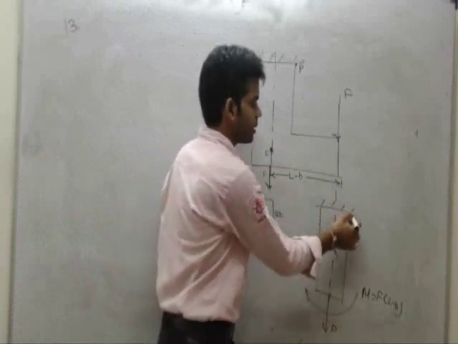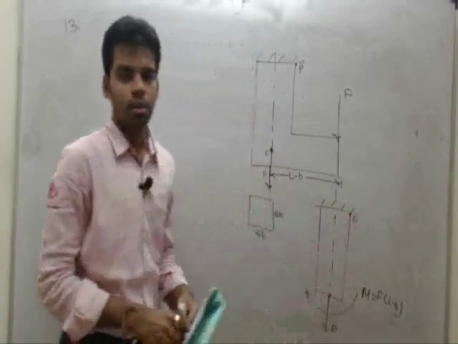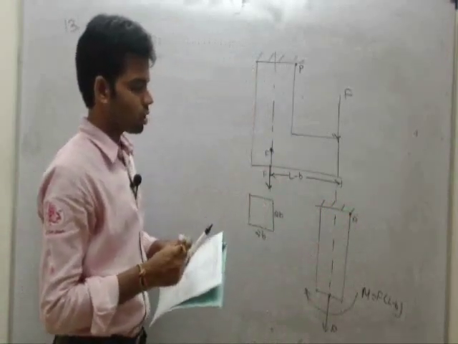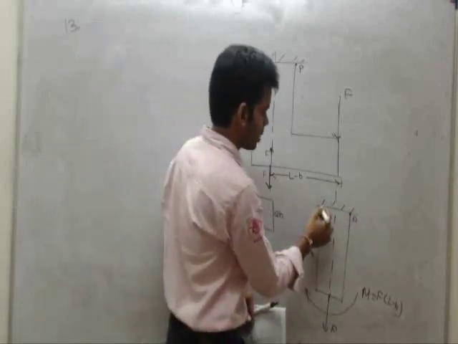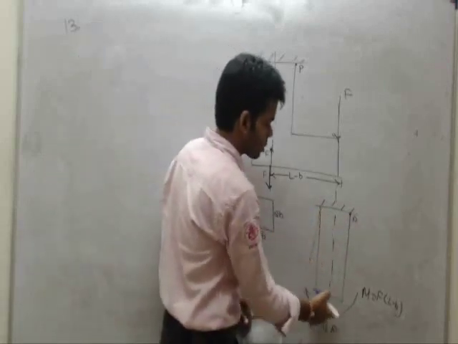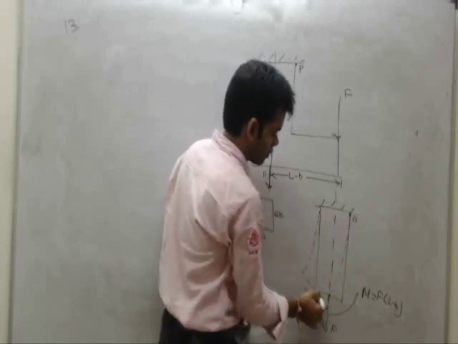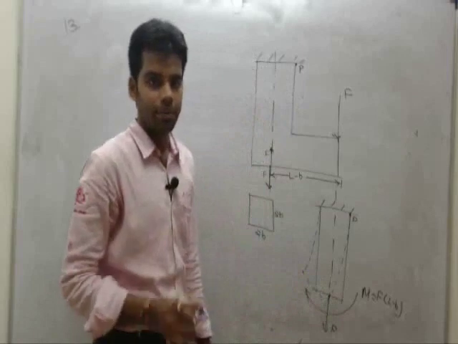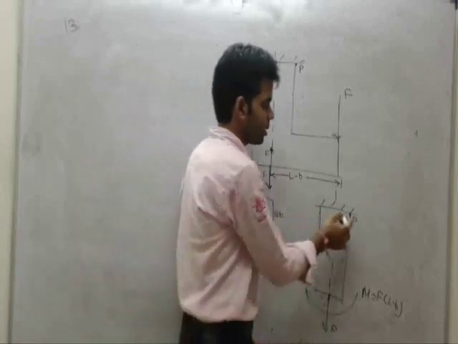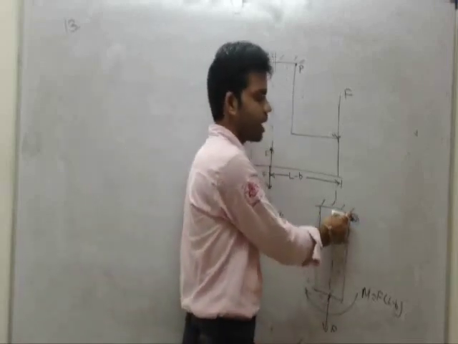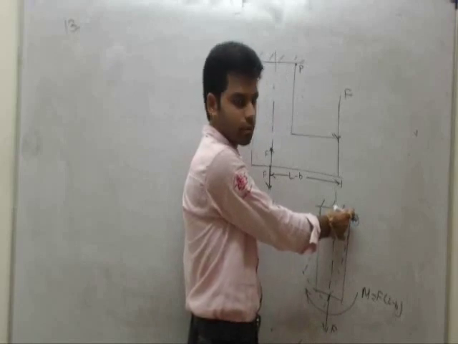Now we have to determine the stress at this point P. What will be the final position of this bar? It will bend like this, because of this bending moment. Getting this? That means because of bending at point P, tensile bending stress will act. Getting this or not?